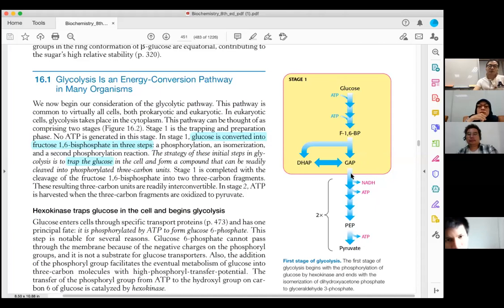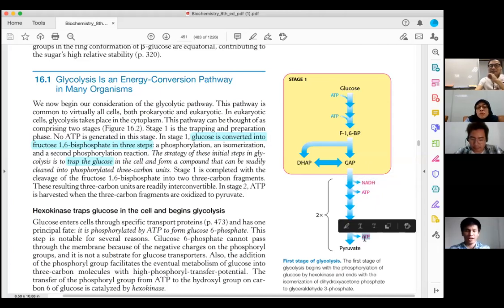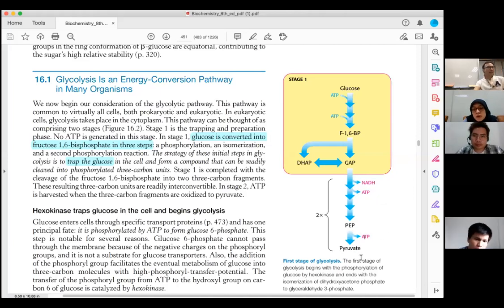And now for each 3 carbon compound, you have the electron release, and you have 1 NADH generated, and you have 1 ATP generated, 1 ATP generated, and times 2. So in total, you have 4 ATP generated, right? 4 ATP generated, and you are consuming 2 ATP.